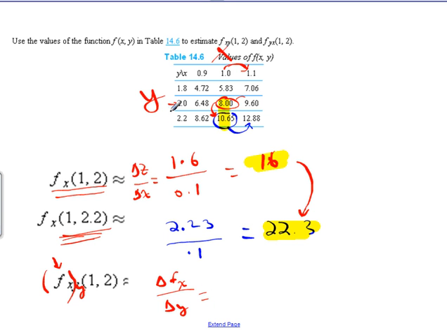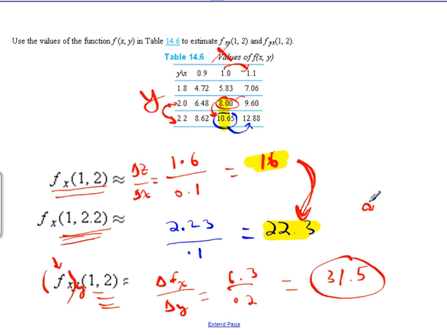When my y went up by 0.2, my partial derivative with respect to x went up by 6.3. So this equals 31.5.